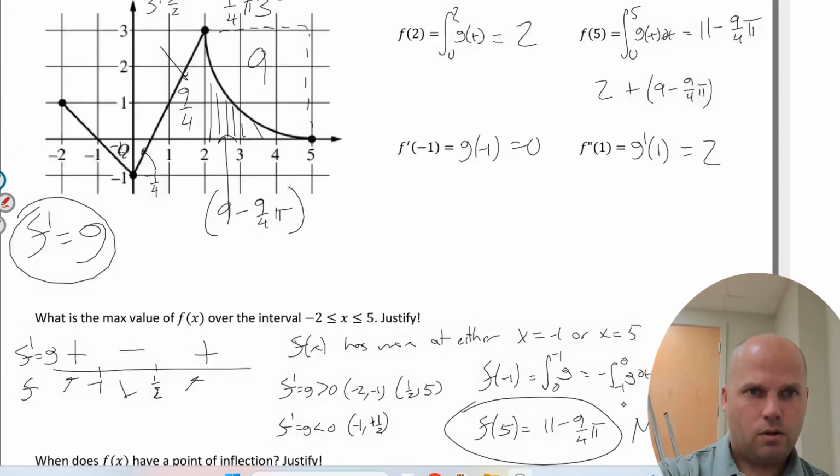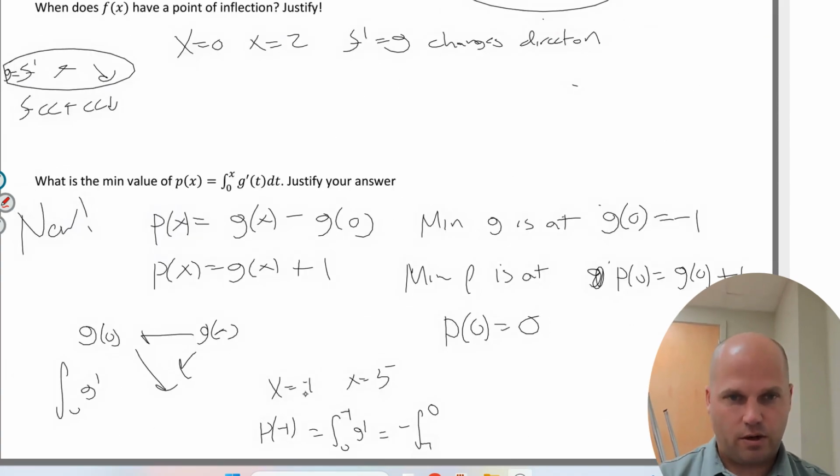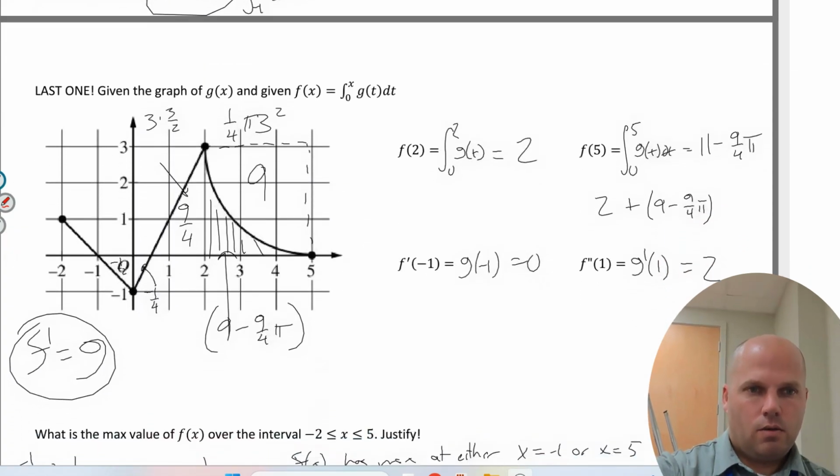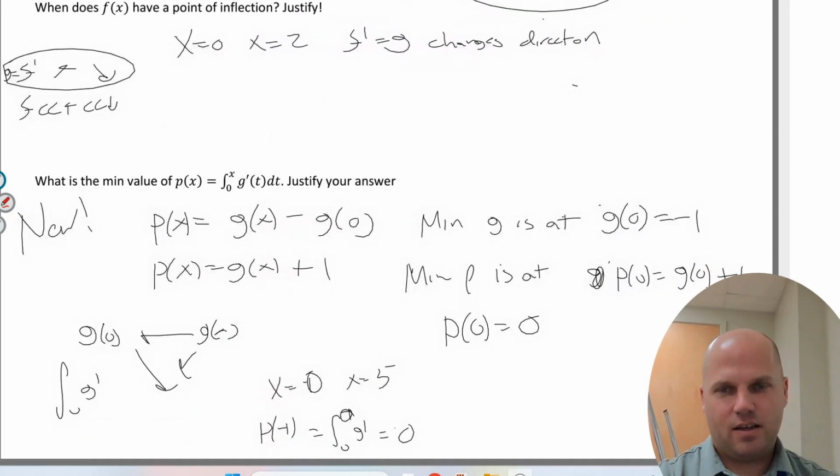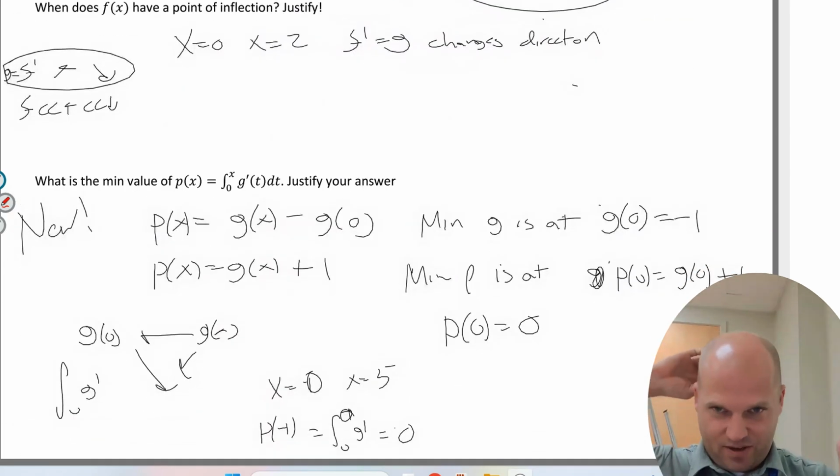Okay, good. This will be 0. We can already say that the accumulation of the derivative is 0. My derivative is negative, but going backwards, which means I decrease to get to that value.